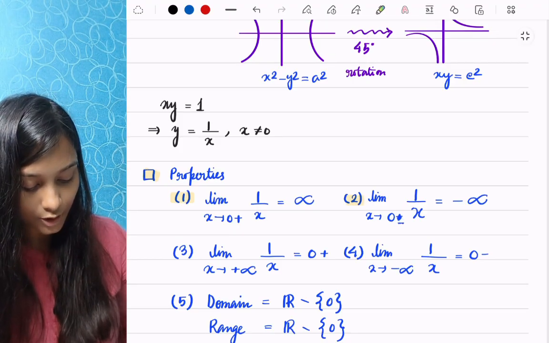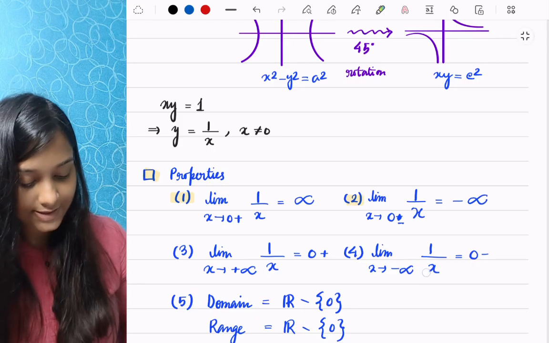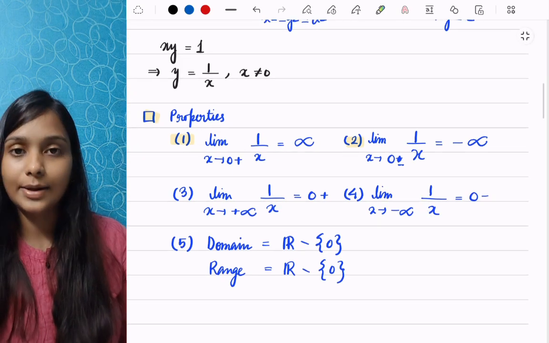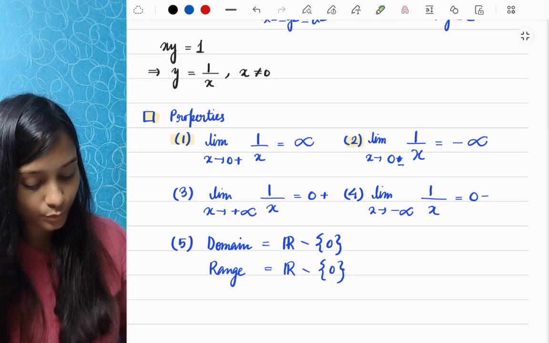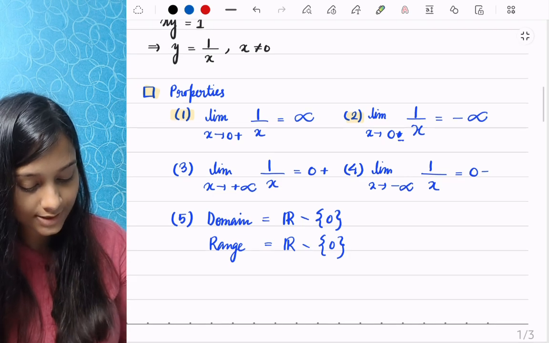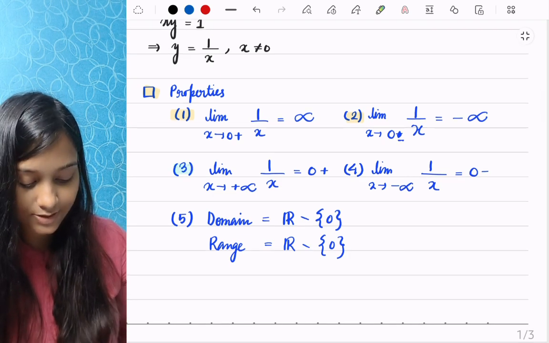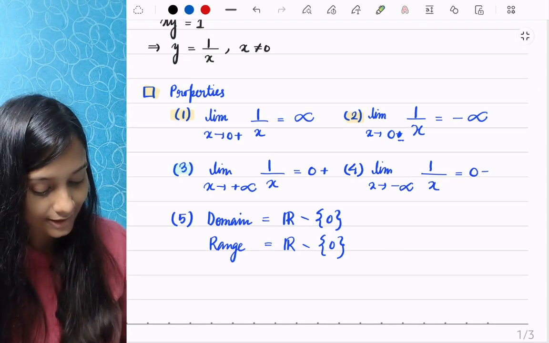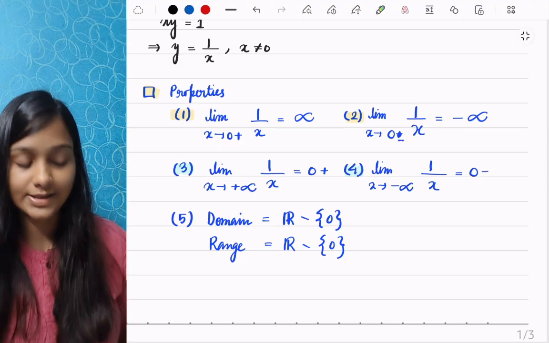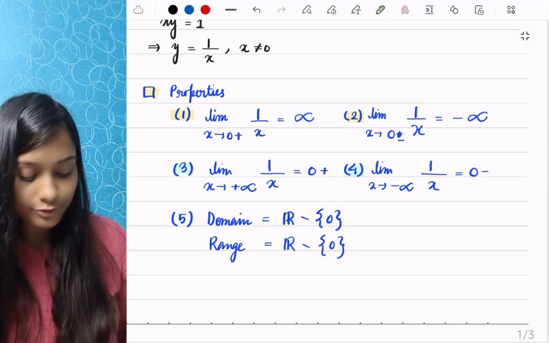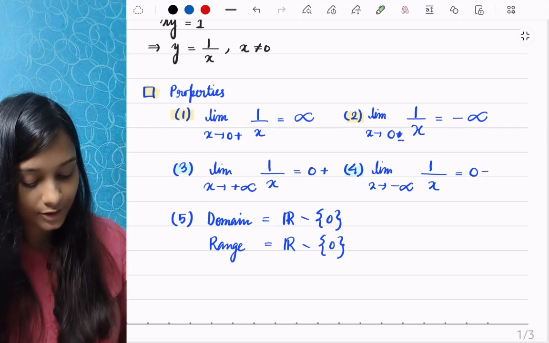Okay, so after understanding the limits at the left and right hand side of 0, we can go towards the limit as x tends to plus infinity and the limit as x tends to minus infinity. Again we can see it from the graph.